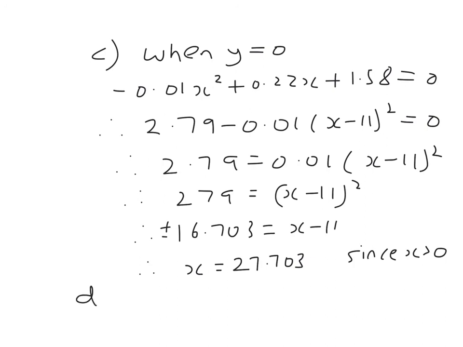Now in part D, let's see what happens when the ball actually gets to the goalkeeper. When it's at the goalkeeper, x equals 0. So when x equals 0, we can say that y is 1.58 just from the original expression. So when x is 0, when it's at the goal line, it's 1.58 meters high, which is over the height that the goalkeeper can save, but it's under the height of the goal.